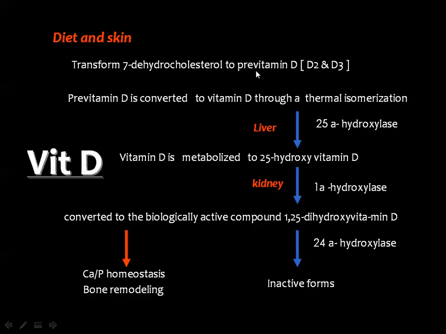The provitamin D is transformed in the liver into an intermediate form, which is known as 25-hydroxy vitamin D. And by another mechanism, it is transformed into the active form of vitamin D in the kidney, and this active form is known as 1,25 dihydroxy vitamin D. And this is the active form which is involved in calcium phosphorus homeostasis and the bone remodeling mechanisms.